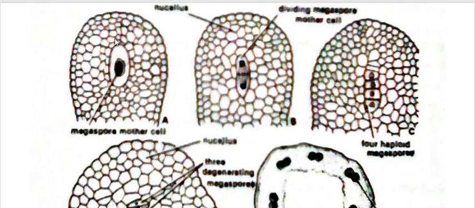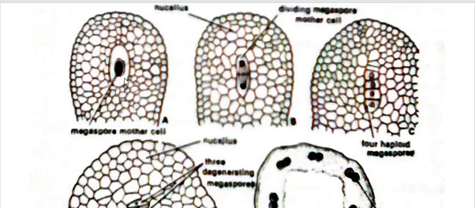The parietal cell again divides many times by periclinal division and it produces cells. Due to the production of these cells from the parietal cell, the megaspore mother cell is pushed towards the lower side, towards the chalazal end in the deeper tissues.